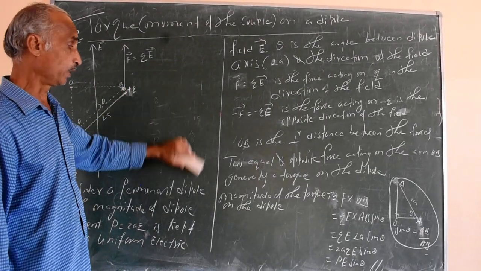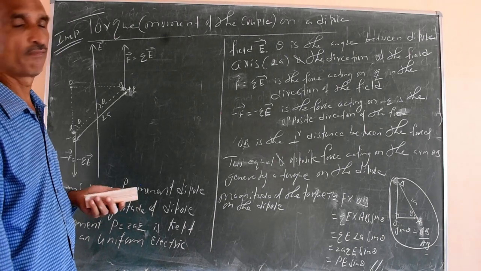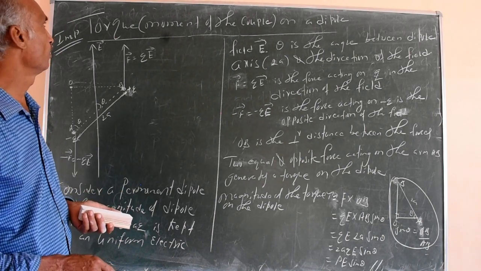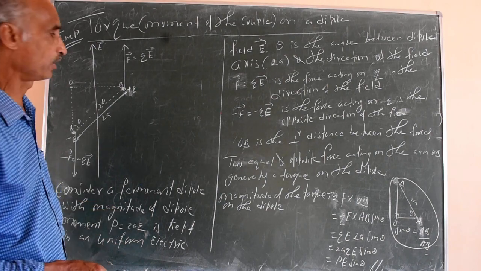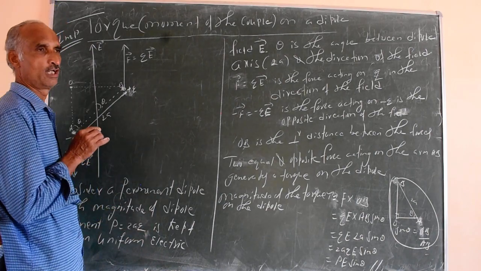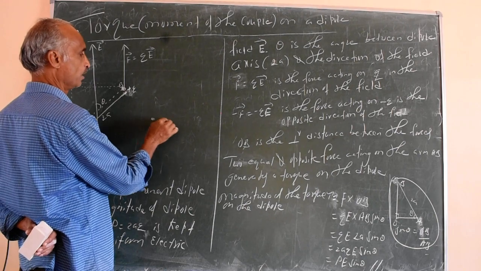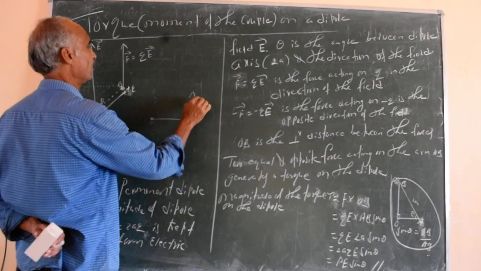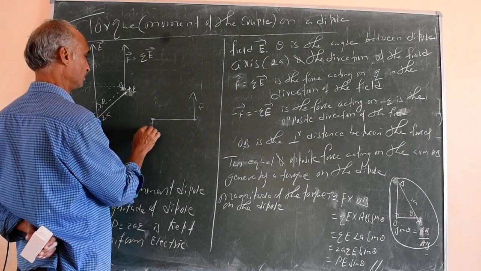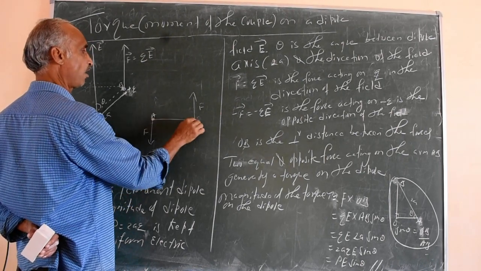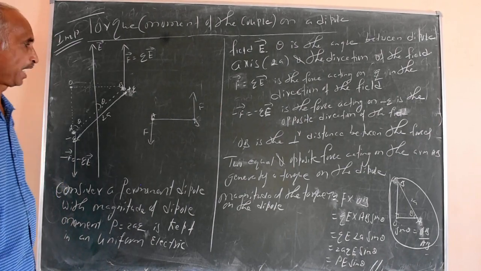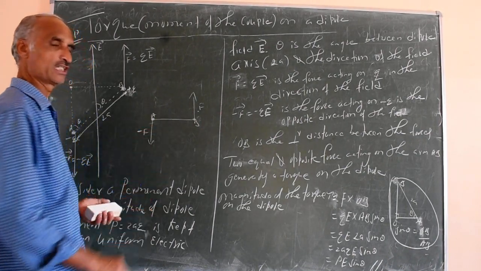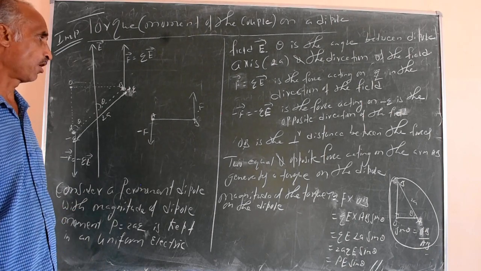Coming to the moment of a couple, or torque. What is this physical quantity? You studied it last year. Look here: two forces, one is F bar and another is minus F bar, acting on an arm AB.